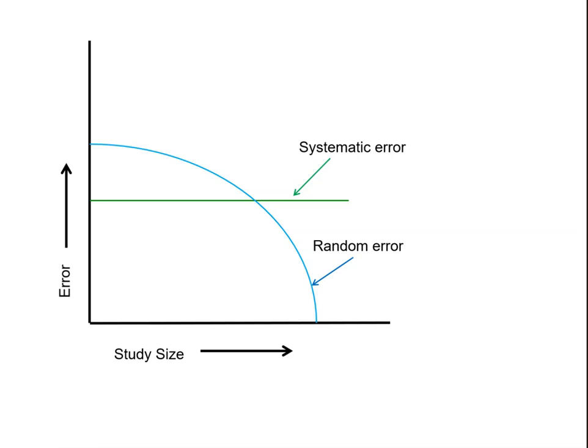In contrast with systematic errors, so for example, you haven't used probabilistic methods to sample from your population, or you're not measuring with a very good diagnostic test, that error is going to exist no matter how big the study gets, and it's not going to be changed in any way by the study size. In fact, all that happens when you do a bigger study with a lot of systematic error or bias is that you have really just wasted more money.